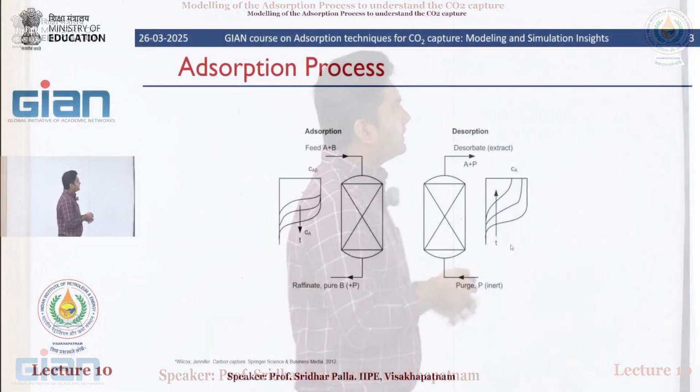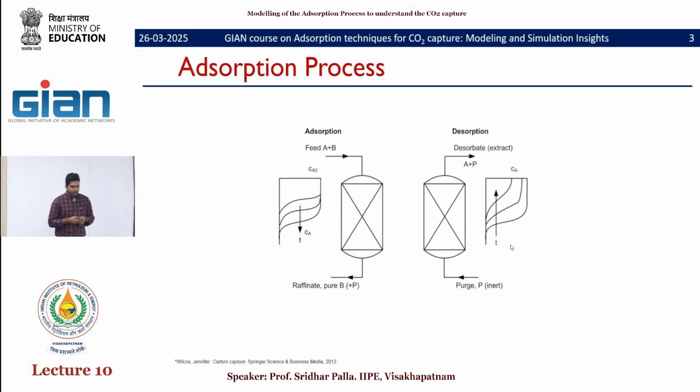Here we can see the left side graphic showing the adsorber. If our feed contains two gases A and B, and we would like to separate A and B, we have an adsorbent, a solid that is packed inside the bed. From the other end we can see the raffinate coming out, which is pure B. That means the bed has adsorbed the gas molecules of A due to the affinity between A and the adsorbent.